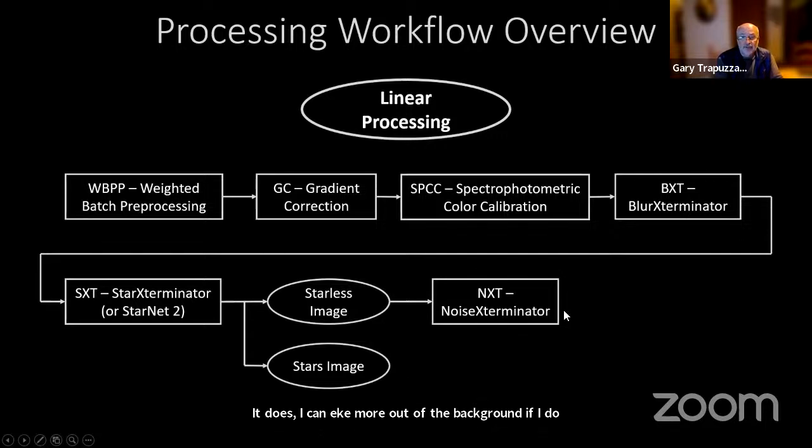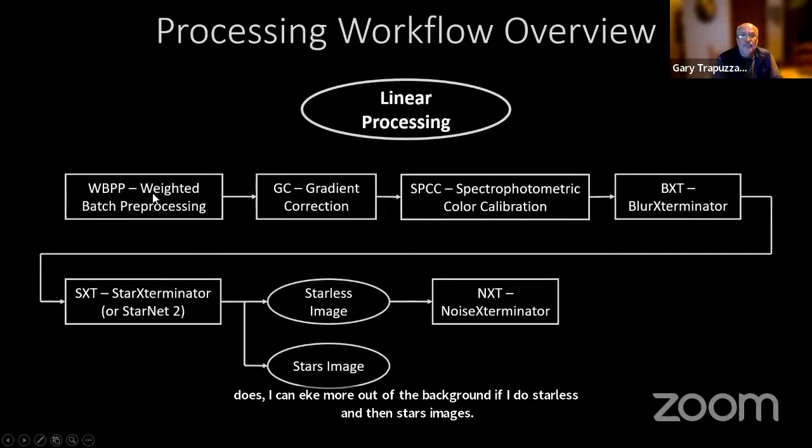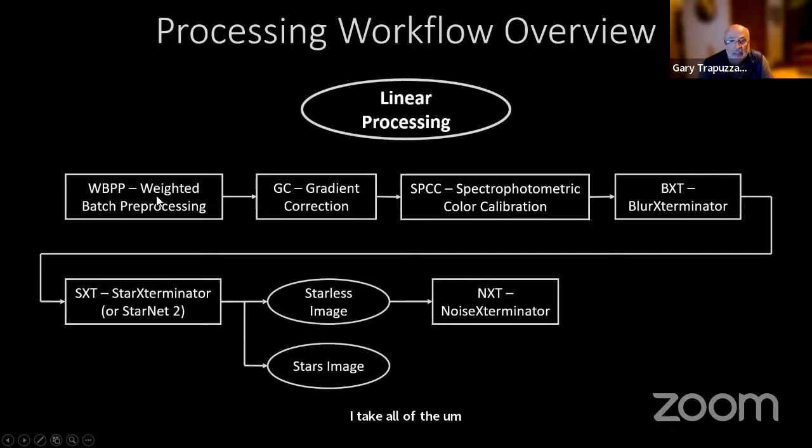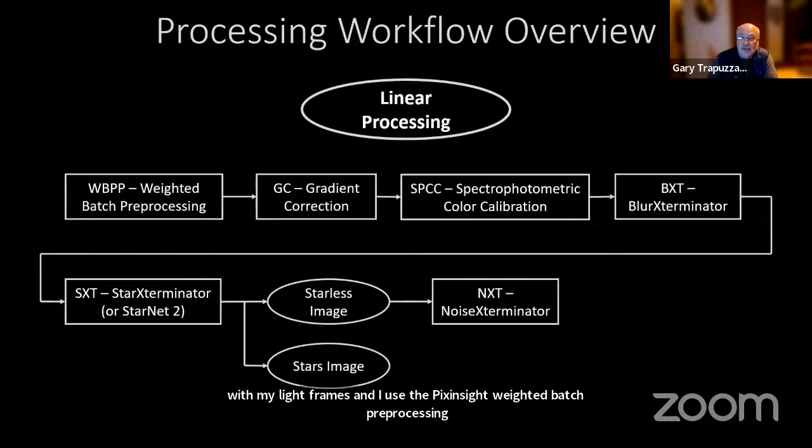So from the linear side, I take all of the calibration frames, the darks, bias, and the flats, along with my light frames, and I use the PixInsight weighted batch pre-processing to do the actual combination, alignment, things like that.